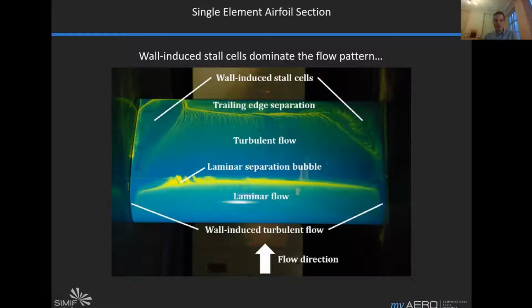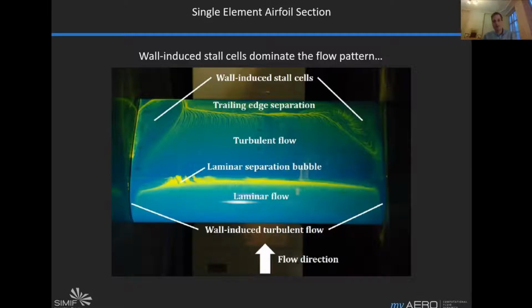We see a non-homogeneous flow pattern, and these two walls on the side, really the sides of the wind tunnel, have a tremendous and dominating effect over the airflow, resulting in so-called wall-induced stall cells. So we have an effect here that's inherent to the wind tunnel that we don't even want to measure. We are not interested in that at all.